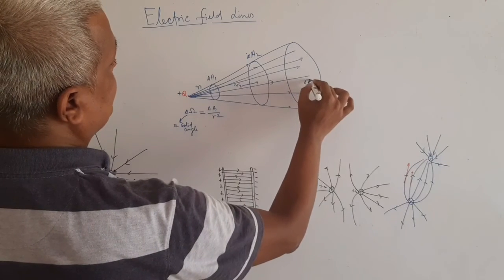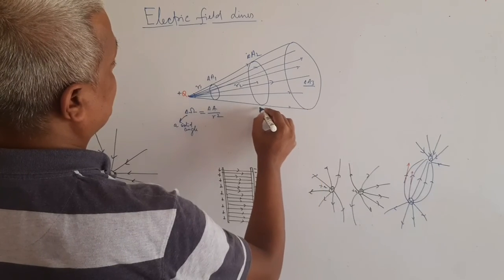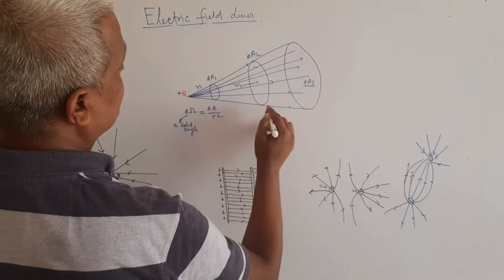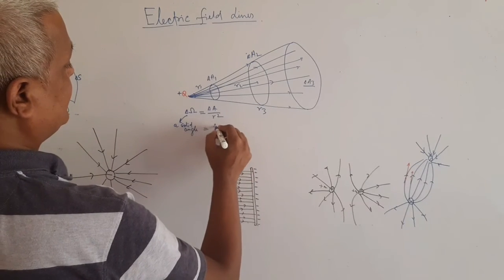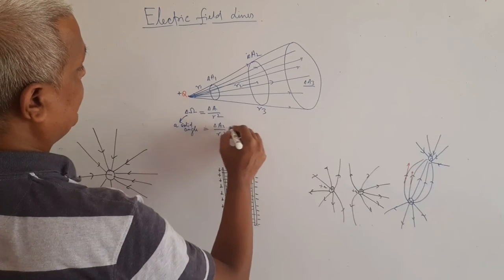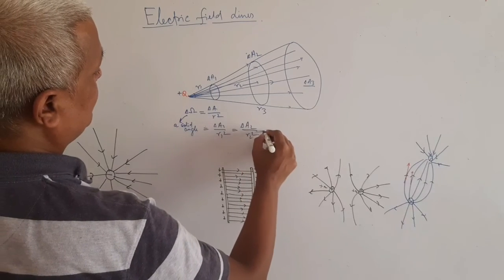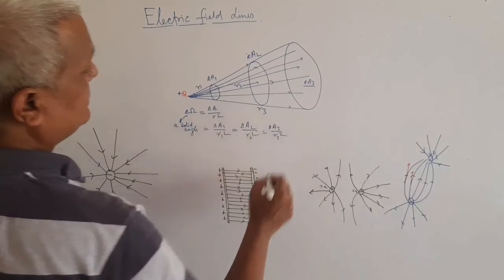This is delta A3, and the distance of separation will be R3. In all these cases you find delta A1 over R1 square equals delta A2 over R2 square equals delta A3 over R3 square.